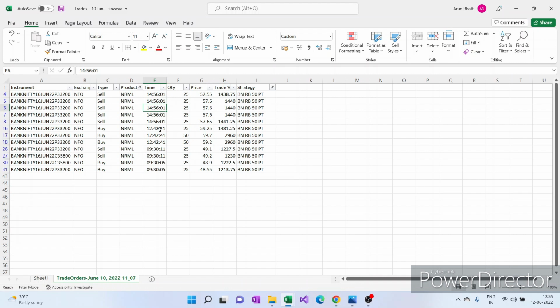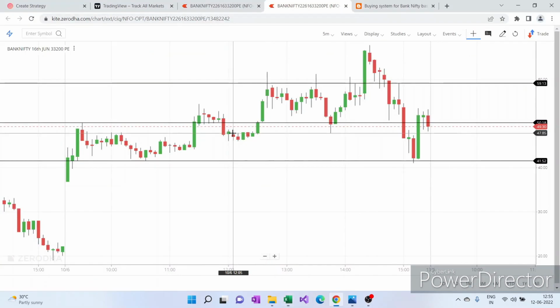At 12:42 the option was bought at 59.2. As per the logic, I wait for the 1 minute candle to close. If the price at the candle close is more than this 59.2 as per the wait and trade, then only I take a trade. This avoids the spikes if there are any.